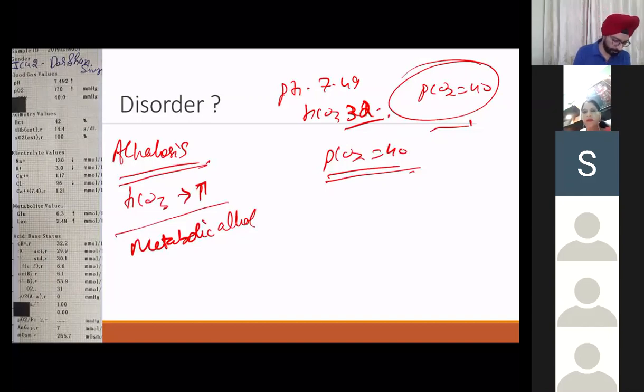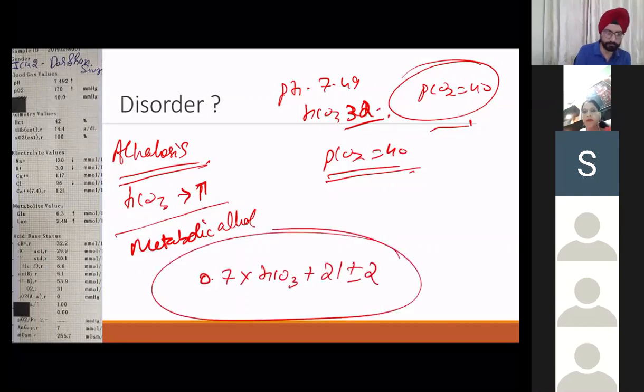Remember, you can also apply the formula 0.7 into bicarbonate plus 21, plus minus 2. So 0.7 into bicarbonate, how much is bicarbonate? Almost 30. Bicarbonate is 29.9, 30. So 21 plus 21, plus minus 2. 42 plus minus 2.